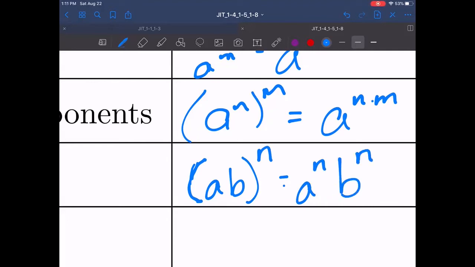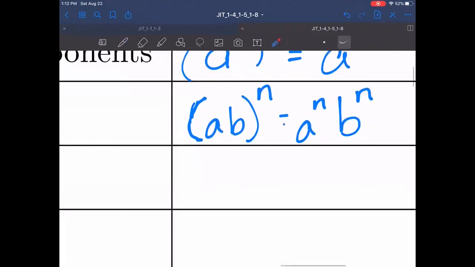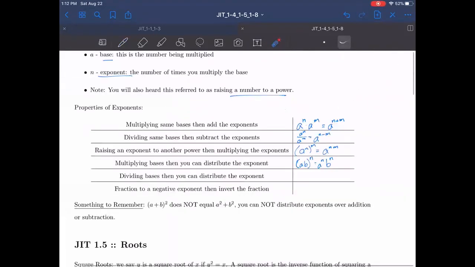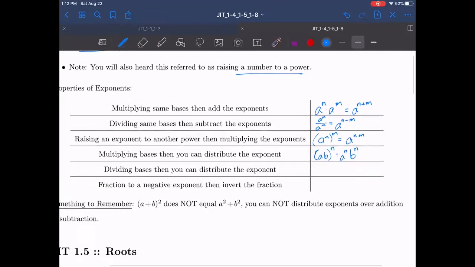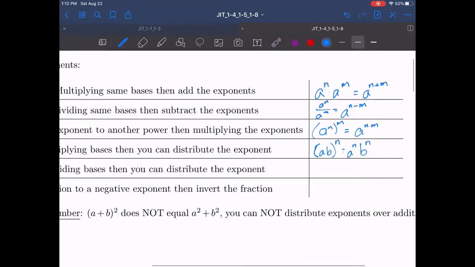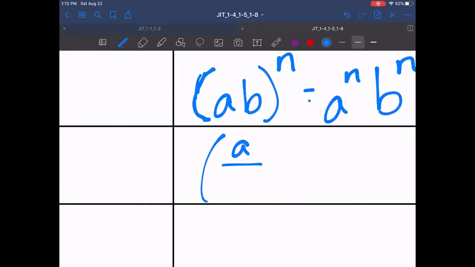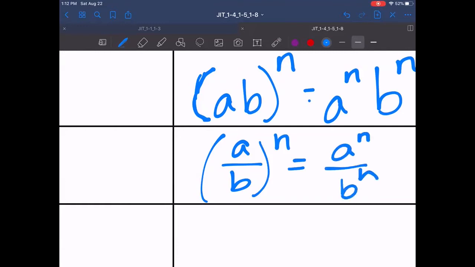Now, I can only do this if I'm multiplying. If I was adding, I would not be able to do this. I can also do this if I'm dividing. So multiplying and dividing, you can do this. Adding and subtracting, you cannot. So if I'm dividing, I've got a over b to the n. That's the same as saying a to the n over b to the n.